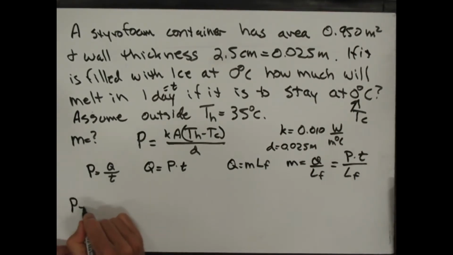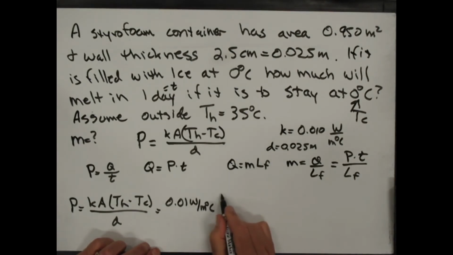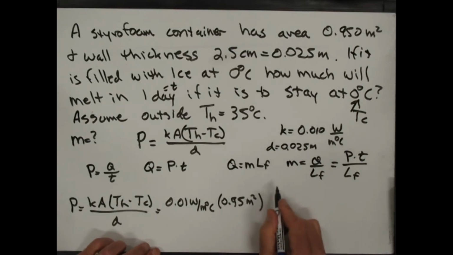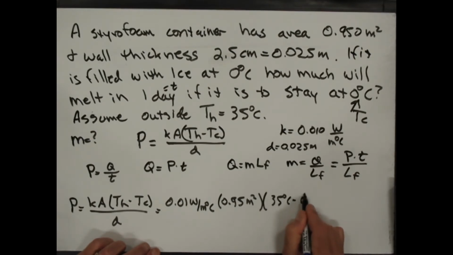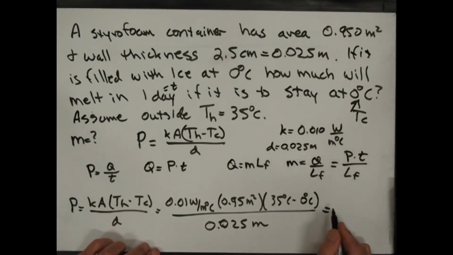So P is equal to Ka T hot minus T cold over the distance, which is 0.01 watts per meter degree C times 0.95 meters squared times T hot, which is 35 degrees C minus 0 degrees C, over 0.025 meters. And what I get for that is about 13.3 watts.